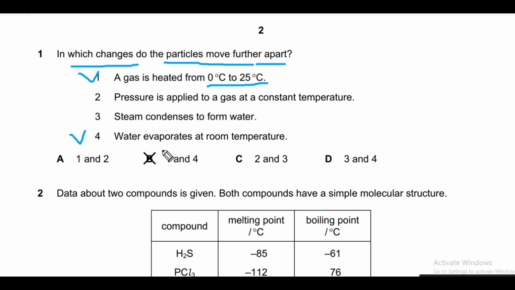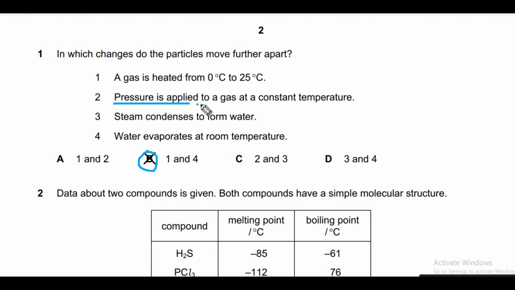Water evaporates at room temperature. Yes, water is a liquid. When water evaporates, it forms gas. Gas particles go further apart, far away. B is the right answer. 2 is wrong. Why?